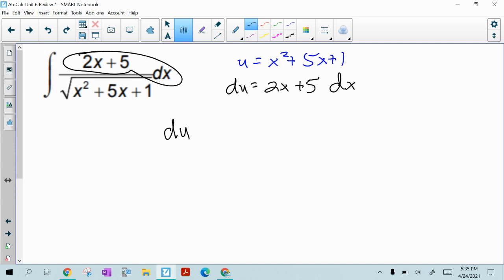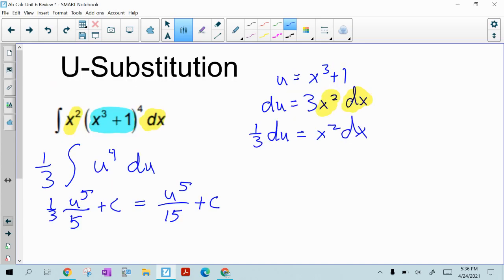So there's my du. And then how do I write my substitution? Well, it's going to be u, but remember I've got a square root, and the square root's in the denominator. So that's going to be u to the negative 1/2. Now let's increase my power by 1, u to the 1/2, and then divide by that new power, which is dividing by 1/2, which is the same thing as multiplying through by 2, and I've got that, except that, oh wait, that's the thing I forgot to do on that last one.